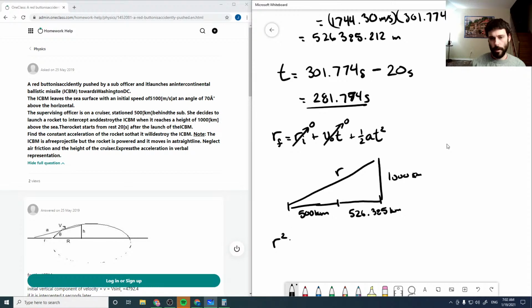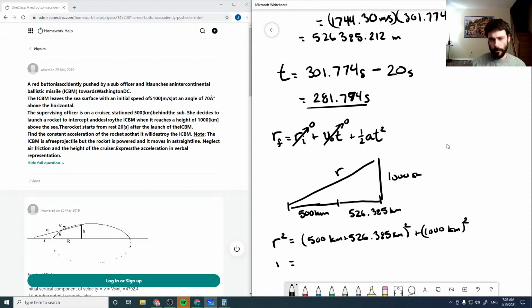So our r squared is 500 kilometers plus 526.385 kilometers plus 1,000, and that should be squared, plus 1,000 kilometers squared.